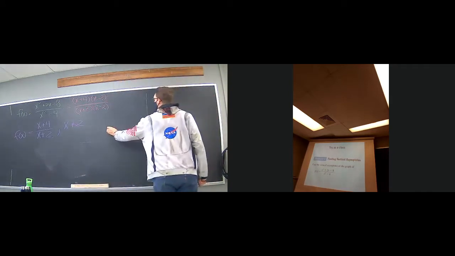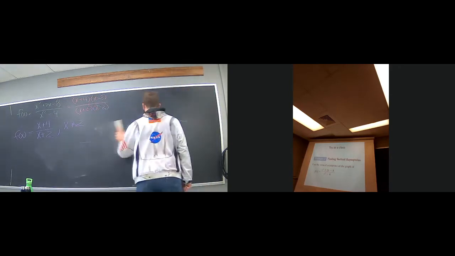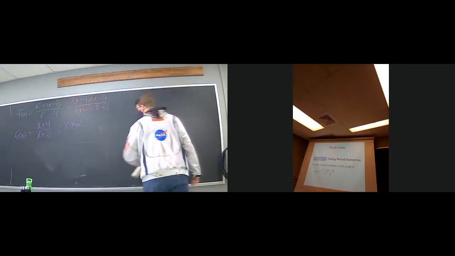Now notice in this graph, if we're going to graph this whole thing, let me actually flip to the next slide because I'll have a better picture of it than what I can draw.